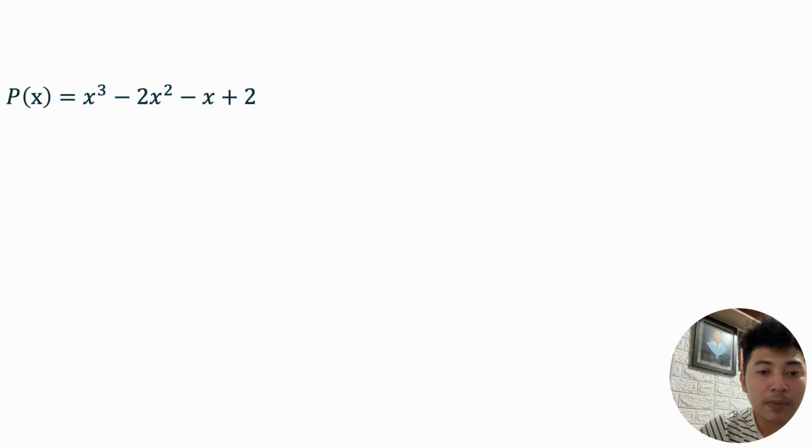To determine the maximum number of positive real roots, we are going to count the number of sign changes between each term of our polynomial. From positive to negative, there is a sign change, so that is counted as 1. Negative to negative, there's no change, so walang count yon.